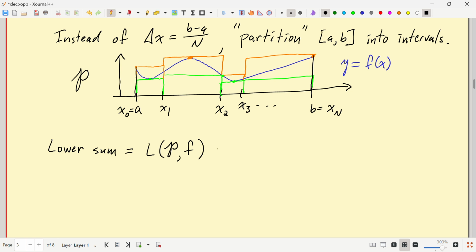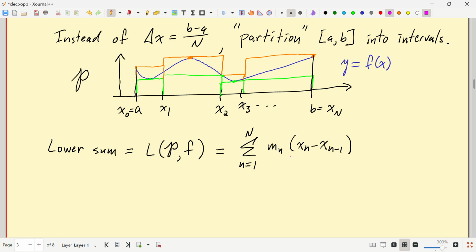Okay, let's see, that's going to be the sum as n goes from 1 to capital N of the infimum. I'll call that infimum, kind of like a min, m sub n, times the delta x, but the delta x's are all different. So that would be x_n minus x_{n-1}.